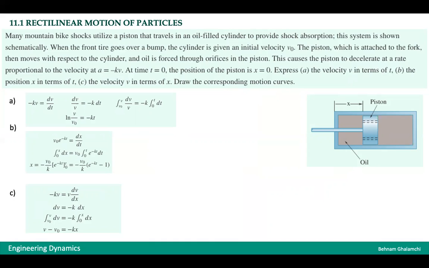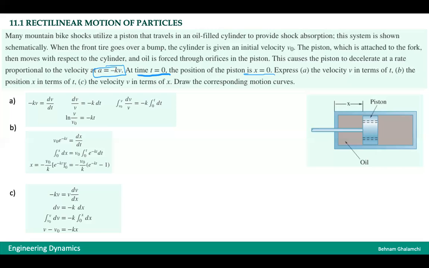Okay, that's given. Then the piston will start to accelerate, and the acceleration rate is given: a is equal to negative kv. What else is given? It's telling us at time equals 0, the position of the piston is 0.